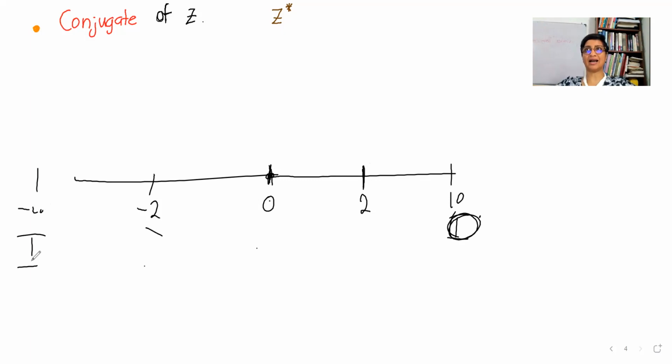And when you add them, you come to 0, isn't it? 2 minus 2 together, 0. Any number here, add to the corresponding number on the other side, you come to 0. So I hope you can see some kind of symmetry, right?